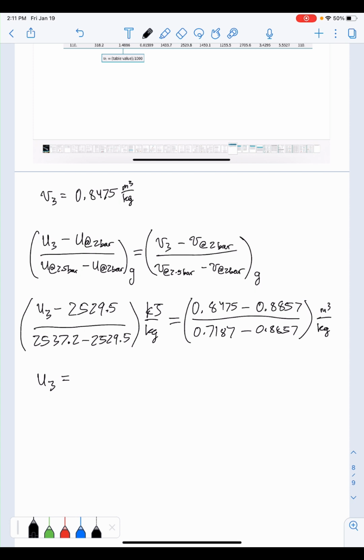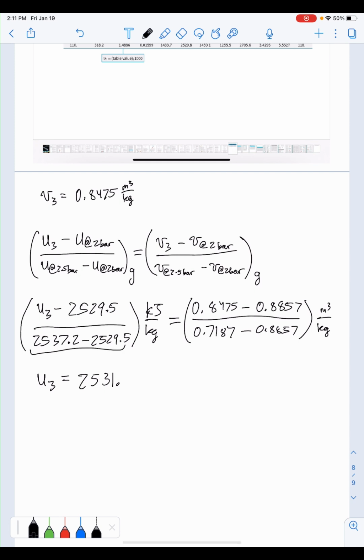I'll plug into my calculator real quick and give us an answer. I get the following value, which should lie between the 2 internal energy points we had earlier.